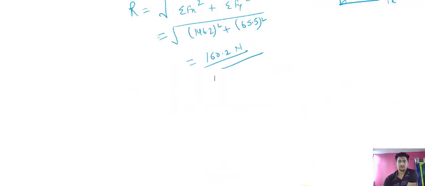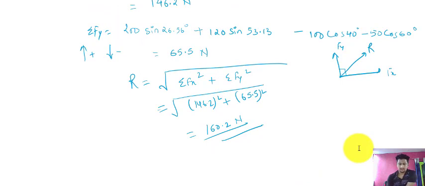Now for calculating the resultant angle with the x-axis, suppose it has a value alpha. How will you calculate alpha? Tan alpha will be equal to Fy upon Fx.